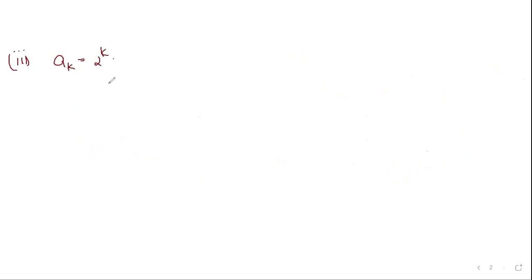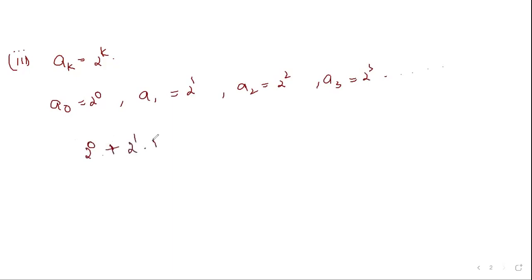Now the third example is ak is equal to 2 power k. So if ak is 2 power k, a0 will be 2 power 0, a1 is 2 power 1, a2 is 2 square, a3 is 2 cube and so on. Based on this, we have the notation 2 power 0 into x power 0, which is 1 anyway, 2 power 1 into x power 1, 2 square into x square, 2 cube into x cube and so on.